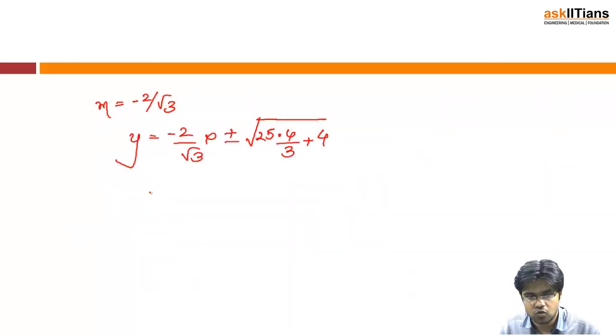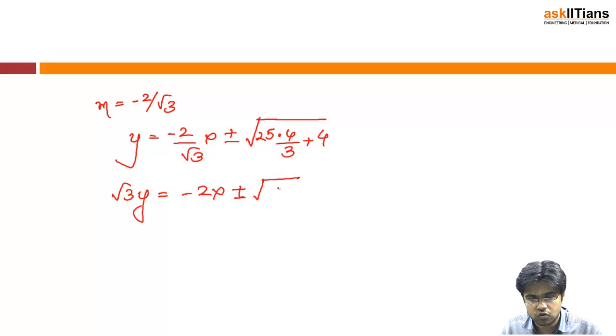So what I got from here is √3y = −2x ± √1112. If I rewrite it, √3y + 2x = ± 4√7, as 16 sevens are 112. So this is our answer.